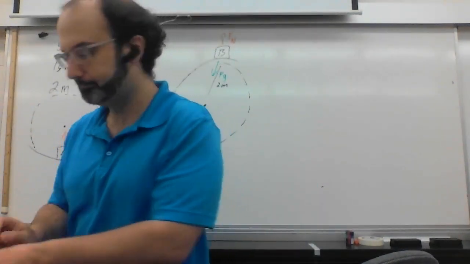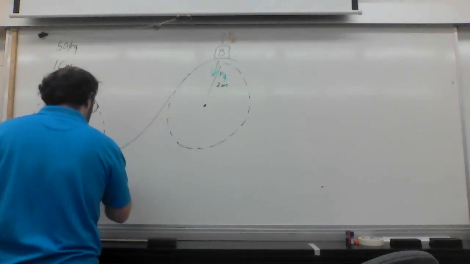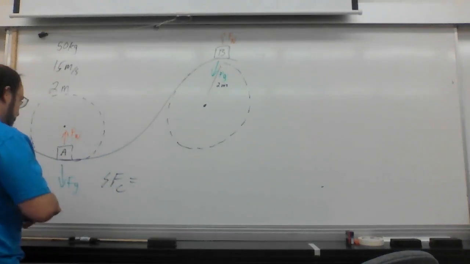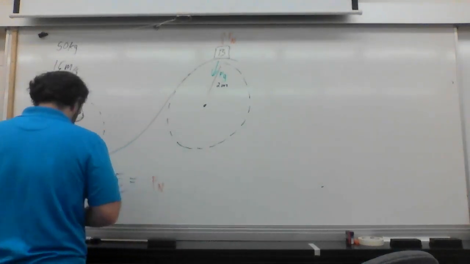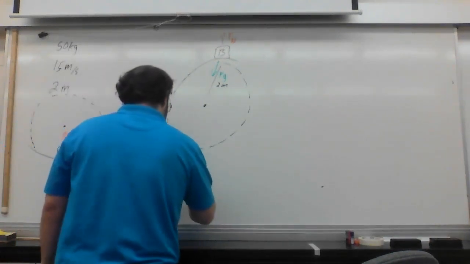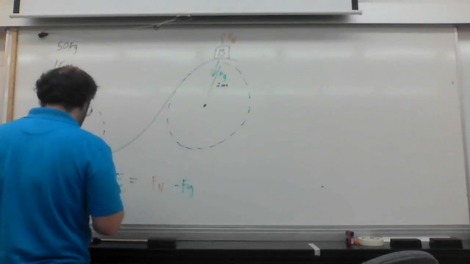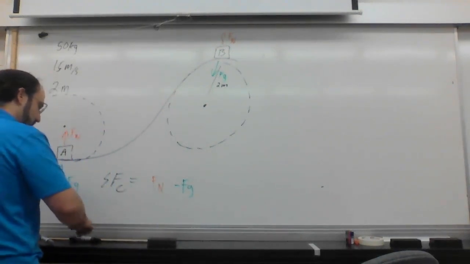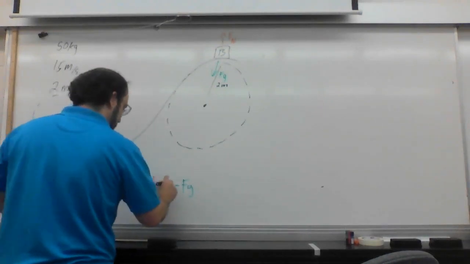So, over here at A, what do we see? Well, here, the force centripetal is found by taking the force normal and the force of gravity. Except the force of gravity, of course, is pointing down away from the center of the circle, and the force normal is pointing up towards the center of the circle. That's very convenient.